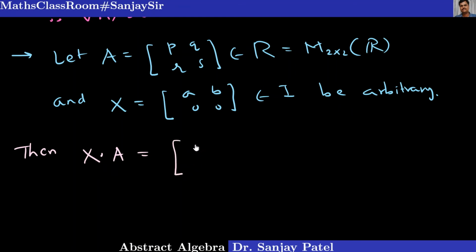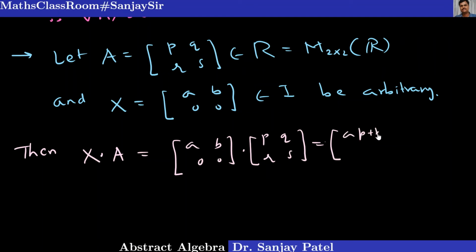So X is A, B, 0, 0 dot P, Q, R, S. If you multiply these two, what you will get is A into P plus B into R, so AP plus BR, that is the first element, then A into Q plus B into S, so AQ plus BS.